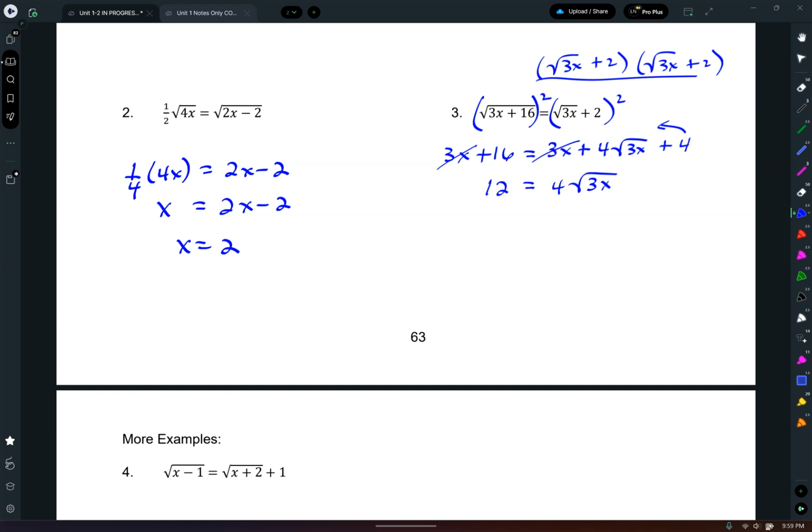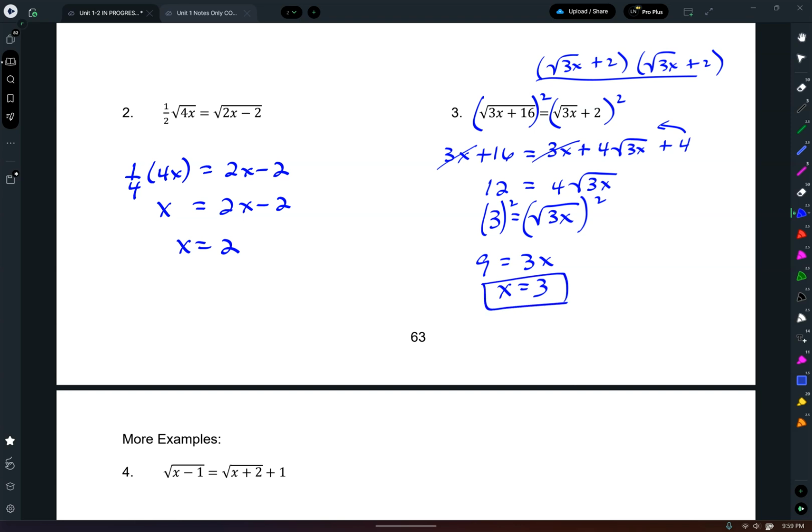I'm going to divide by 4 to get rid of that. So I have 3 equals the square root. Okay, I've got the square root by itself. I'm going to square both sides. And so I'm going to get 9 equals 3x, which means x equals 3.